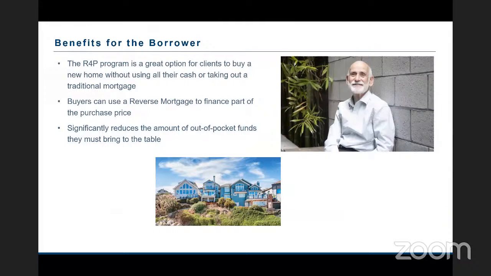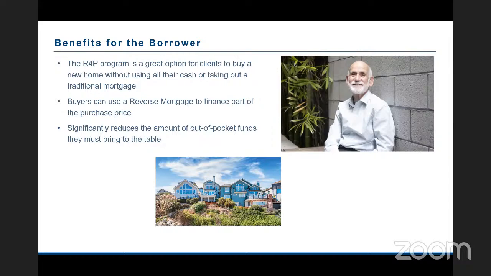The reverse for purchase program is a great option for clients to buy a new home that will be their primary residence without using up all of their cash or taking out a traditional mortgage, right? Because they may not want a mortgage payment going into their retirement years. Although, oddly enough, traditional mortgages are still the financing vehicle of choice.